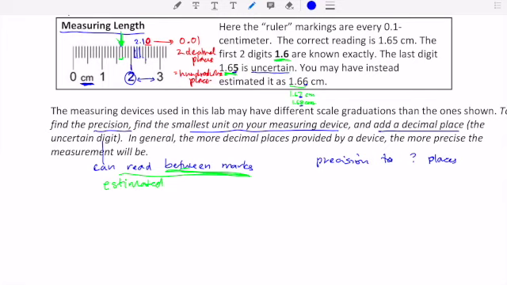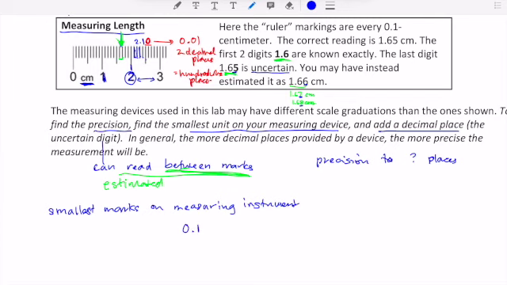So when you are using a measuring instrument like this ruler, you first want to find the smallest marks on the measuring instrument. And those smallest marks usually don't have numbers next to all of them. Just like in that ruler, some of them have numbers, the 1, the 2, the 3, but then the smaller marks are in between those reference points. So the smallest marks on this ruler are the 0.1 place.